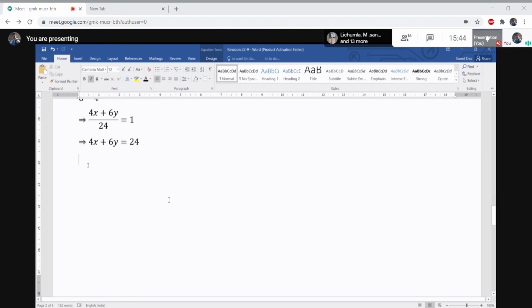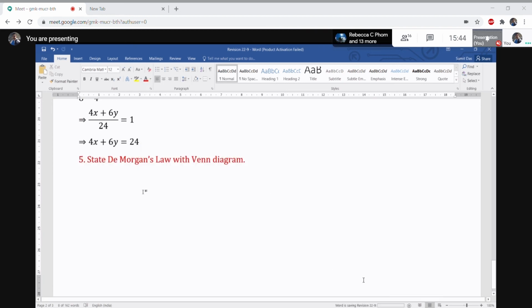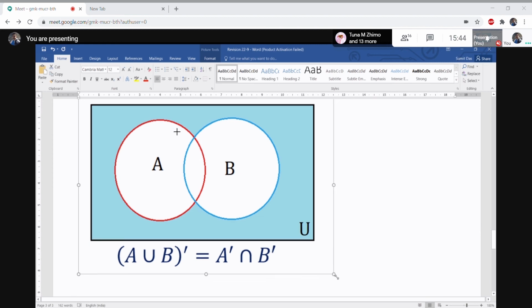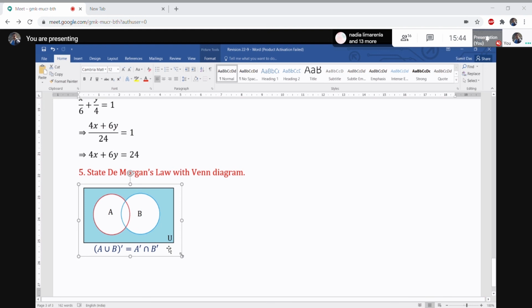Now De Morgan's law, I don't think I have to write it out. I'm just showing you the diagram. De Morgan's first law says that if A and B are two sets, then the complement of their union is equal to A complement intersection B complement.